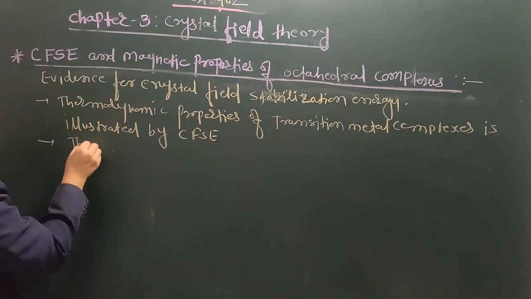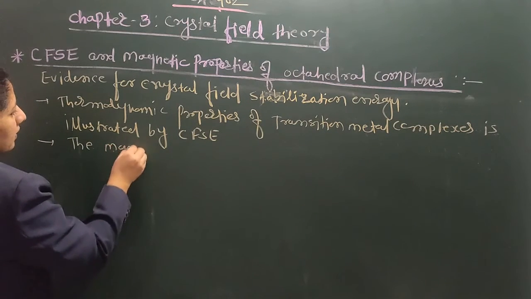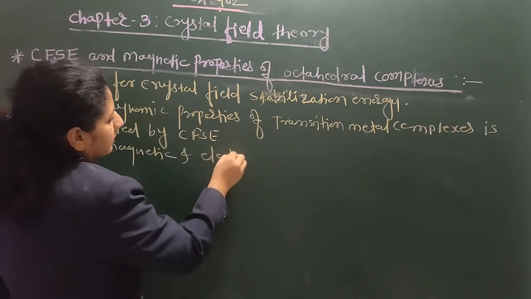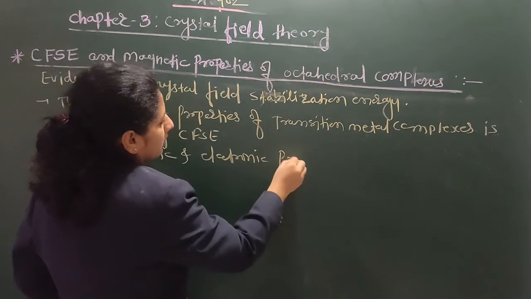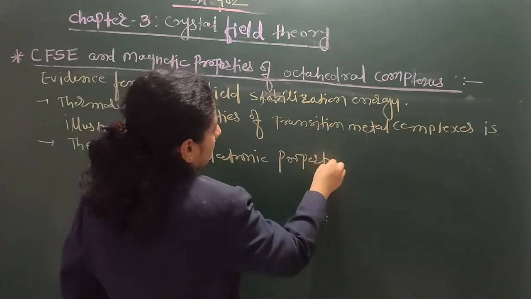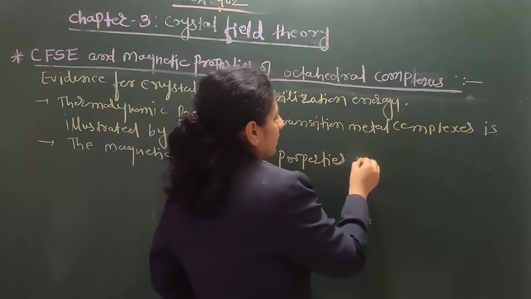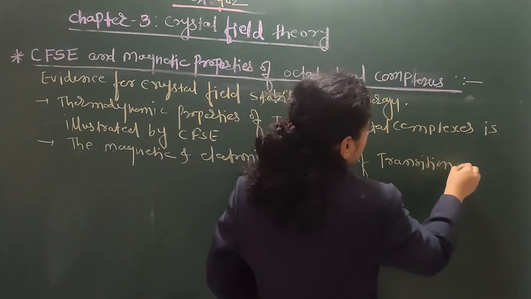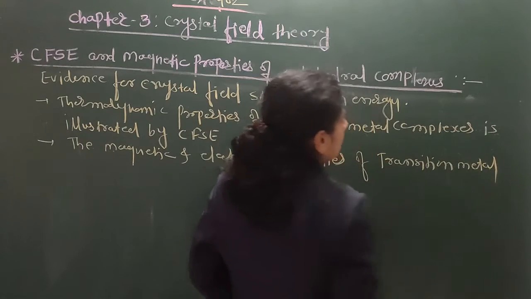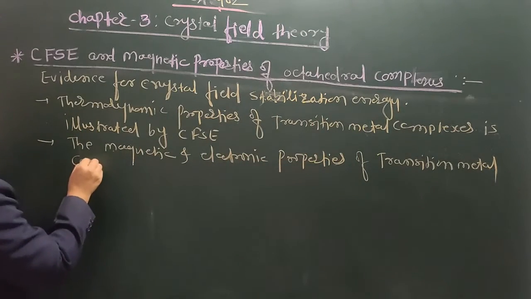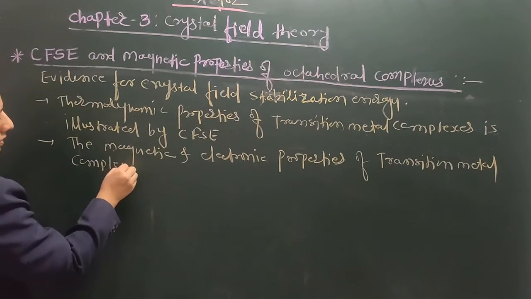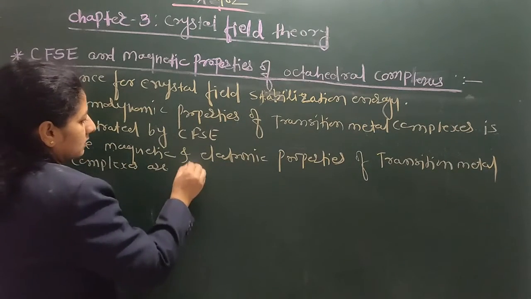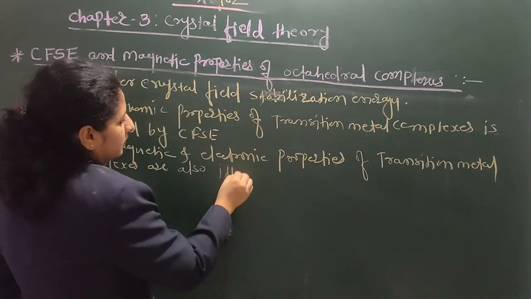Then the magnetic and electronic properties of transition metal complexes are also illustrated by CFSE.